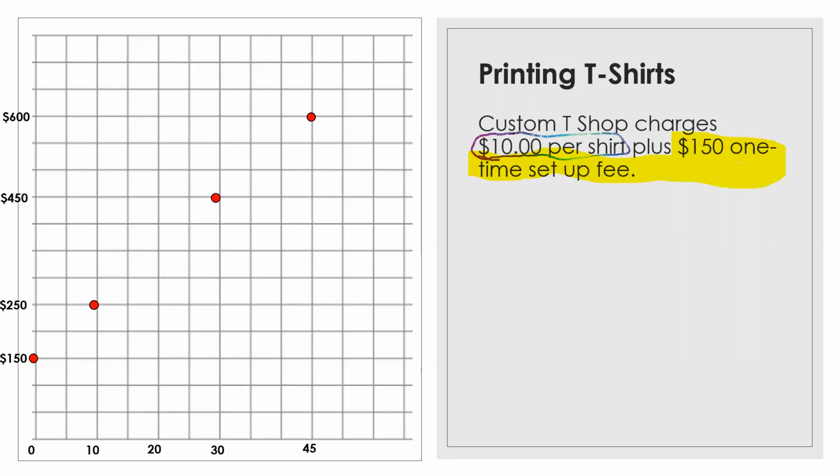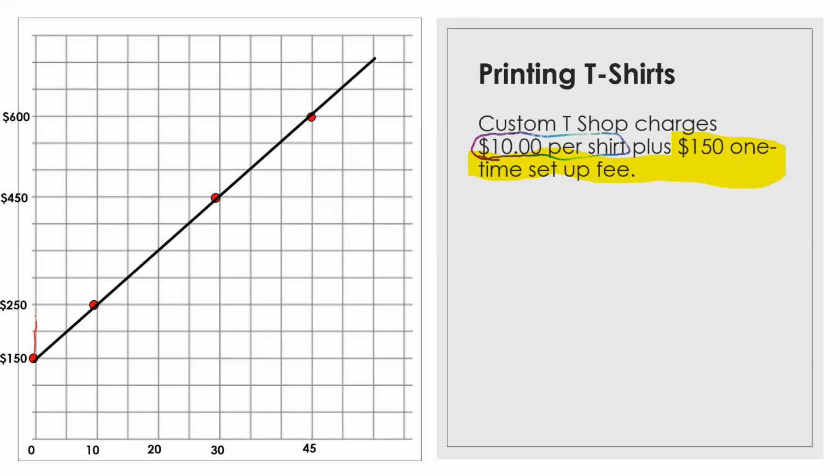Now, if you think about the trend line for this graph, it's going to look like a straight line, right? And let's take a look at what makes a straight line a straight line. Okay, what makes a line a line? Well, let's say we are looking at the rate of change from one place to another.